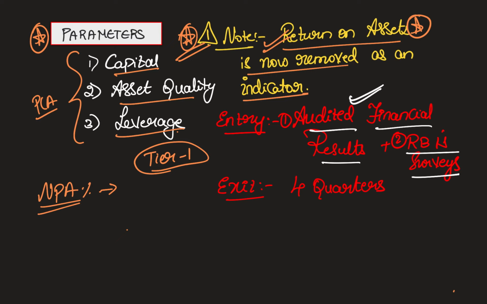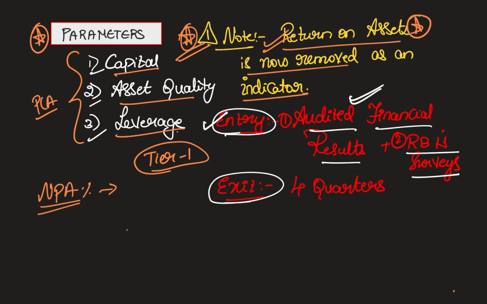Assessment frameworks will be present with RBI, and they will be doing their regular assessments. So, in these surveys and the audited financial results, if RBI finds out that the parameters discussed here are breaching certain thresholds, then a bank will enter into the PCA framework imposed by RBI.